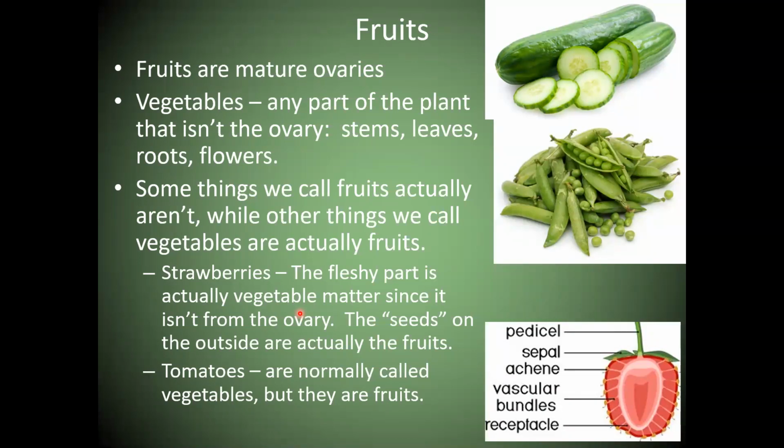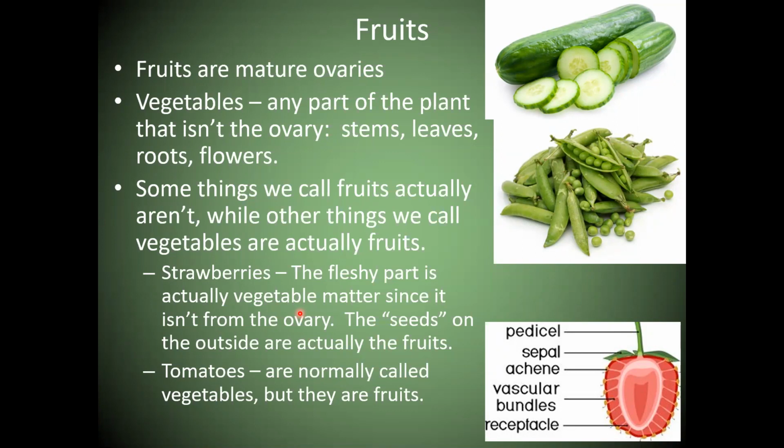Strawberry, it's actually a vegetable. It's not a fruit because what you eat, the stuff that is fleshy, is not the ovary. What you really eat is a modified receptacle, right?